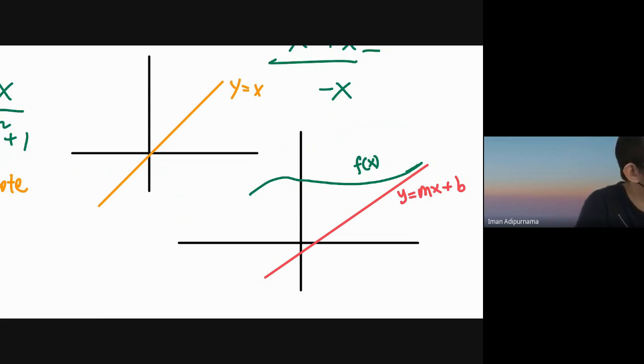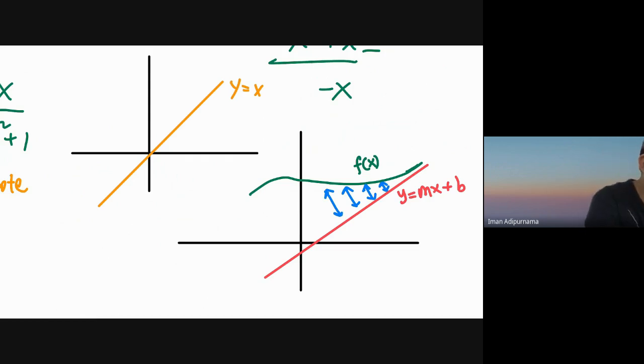And between the f, the green, and the red color here, we have a distance, right? And when you look at x going to the right, to infinity, the distance between f and the line is getting shorter, right?